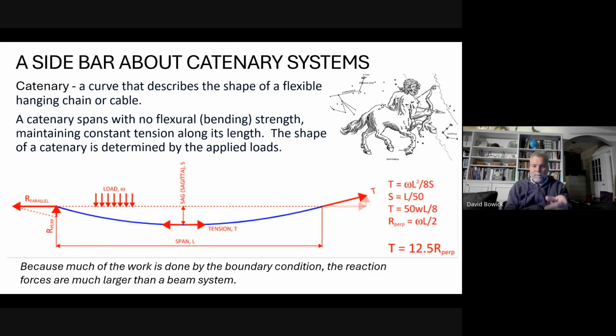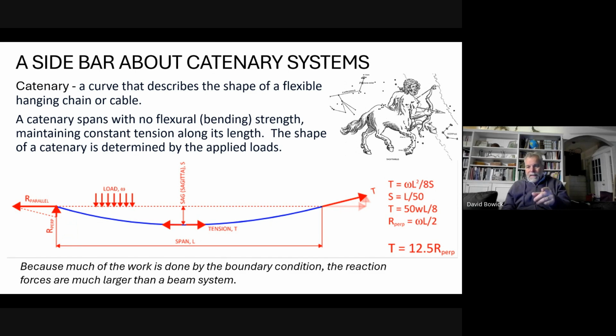So look at the very left end of the diagram. What I'm calculating is the tension and the perpendicular reaction. The perpendicular reaction is how much force it takes to just carry the weight of your shade sail, the perpendicular load.